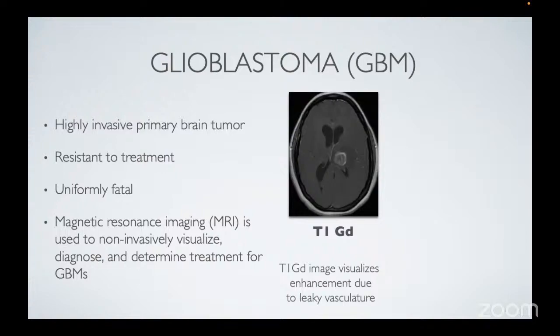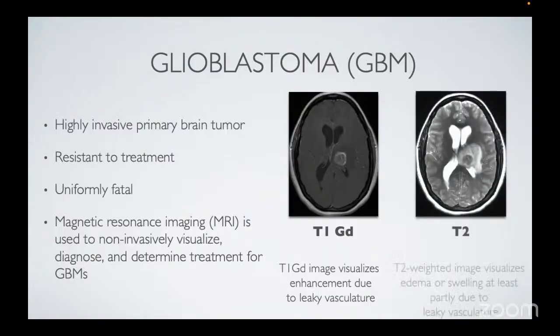Two main types of MRIs that we also talked about earlier are T1 GAD, where in this image you see an exogenous contrast agent known as gadolinium leaking from the vasculature. And then we have a T2 weighted image here, which visualizes the edema or the swelling that's at least partly due to that leaky vasculature as well.